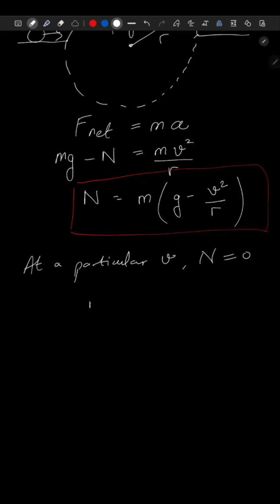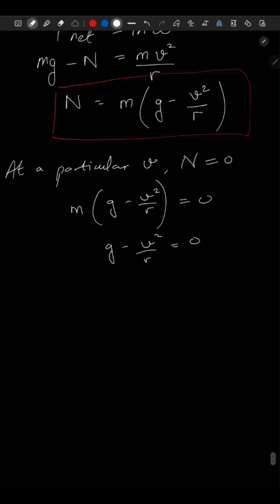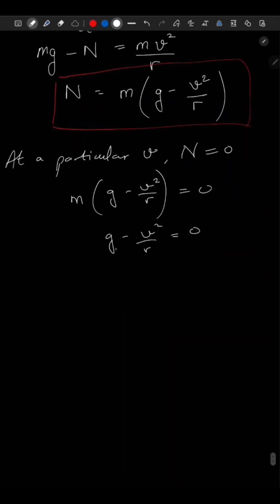So m times g minus v squared over r is equal to 0. So g minus v squared over r is 0, which gives v squared over r equals g, and v squared is equal to g times r. Therefore the velocity is the square root of g multiplied by r.